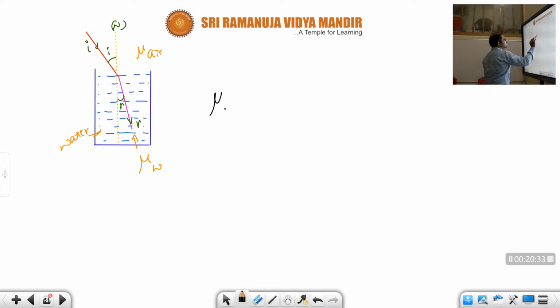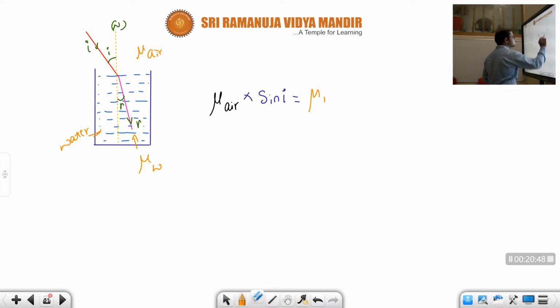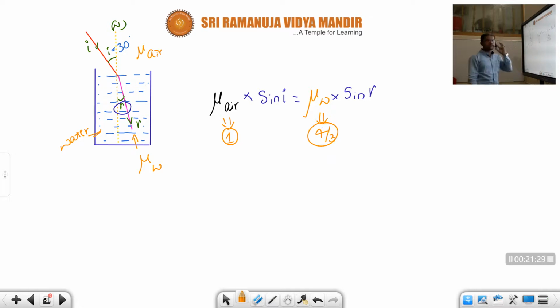In this particular medium, air, mu air into sin I is equal to the next medium, mu water, into sin R. Let us consider the angle of incidence 30 degree, and refractive index of air is 1, and refractive index of water, let us consider some random value, 4/3.